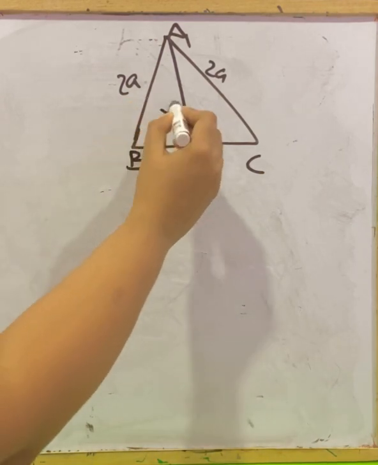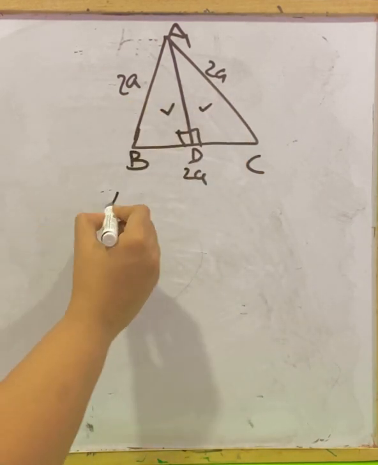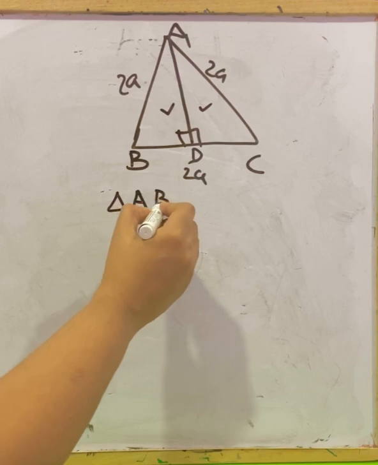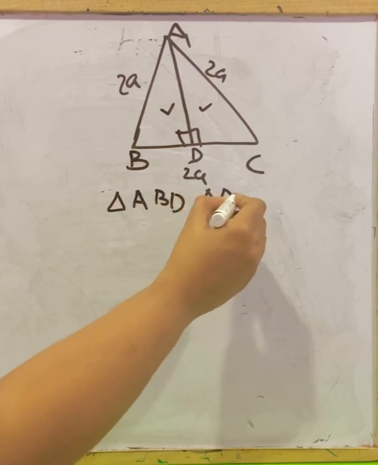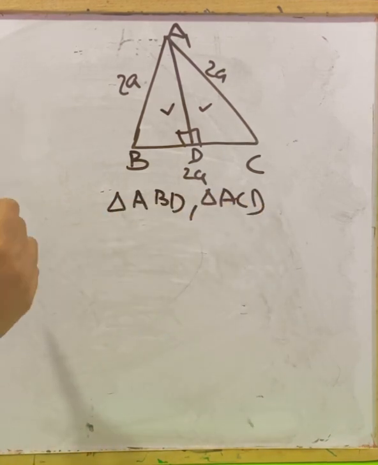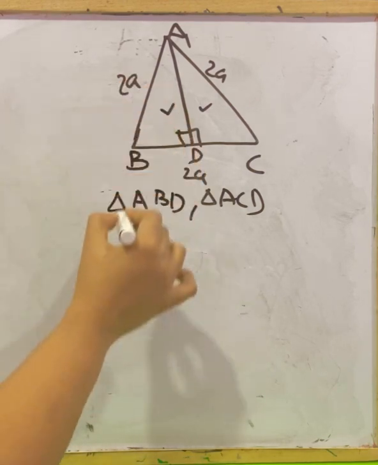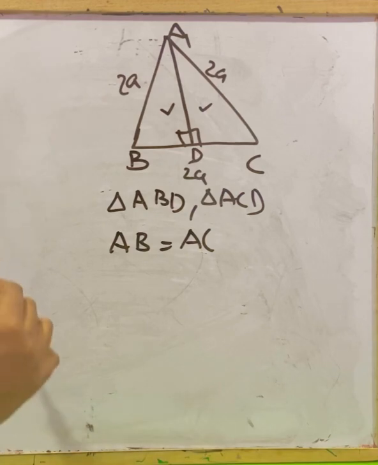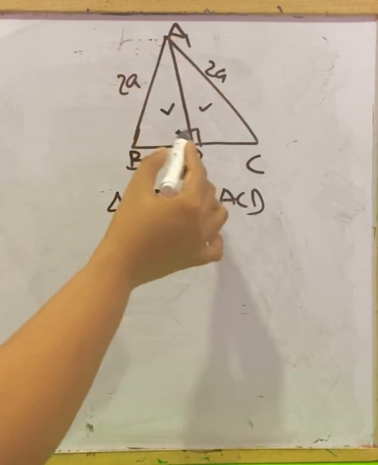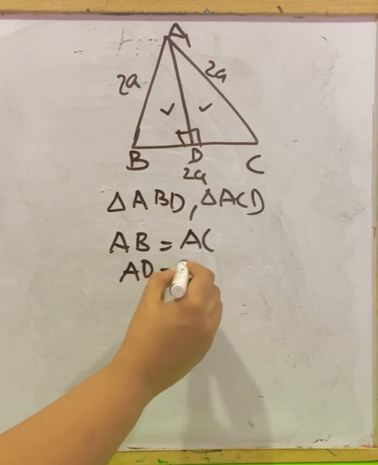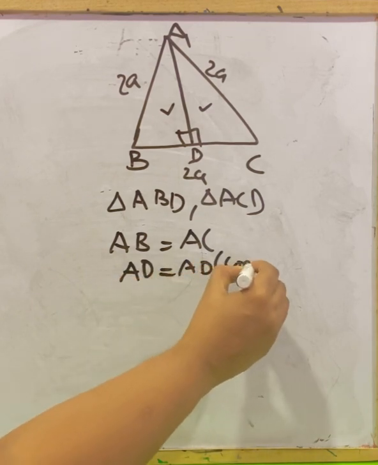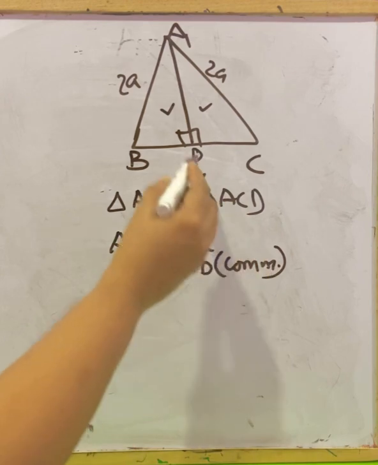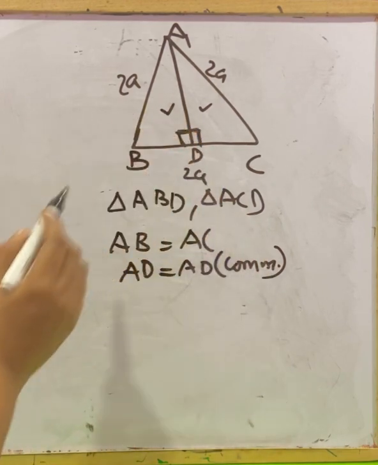Now let us consider these two triangles, that is triangle ABD and triangle ACD. In that we have AB equal to AC. Both are 2A. It is given in the question. Now AD and AD are common. Also here 90 degrees, here also 90 degrees.